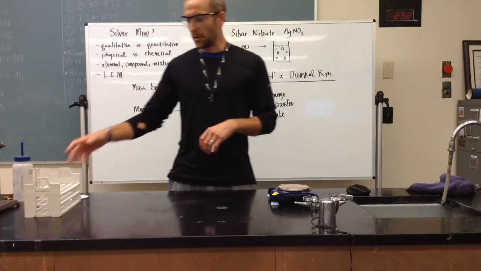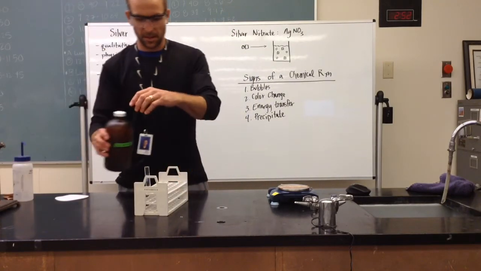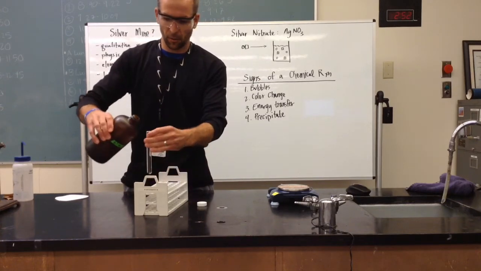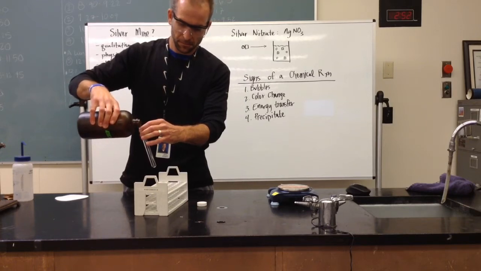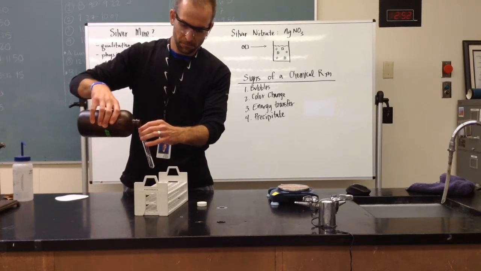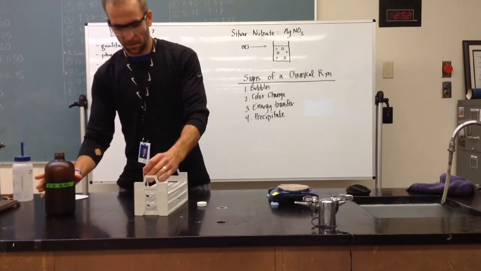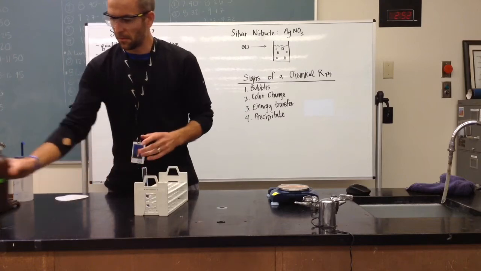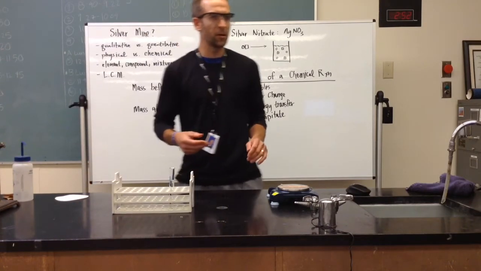Now, the next thing I'm going to do here is I'm going to get some of my silver nitrate into my test tube and get it prepared for our reaction to occur. Fill that test tube up. We've got it most of the way filled.